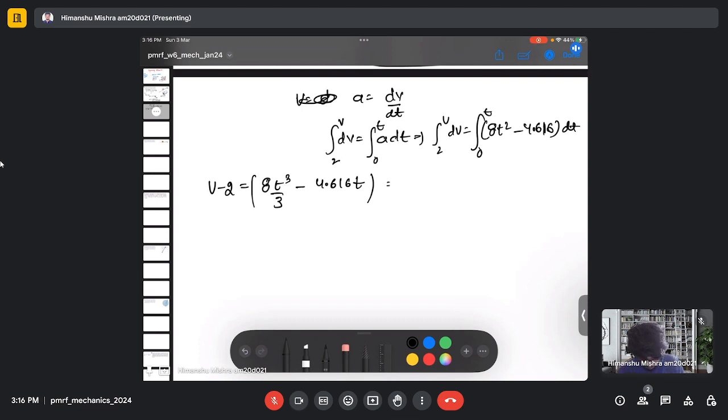So this will be 2.66 t cube minus 4.616 t. So my velocity again is a function of time, and it will be 2 plus 2.66 t cube minus 4.616 t.